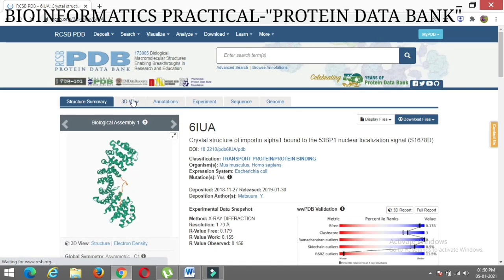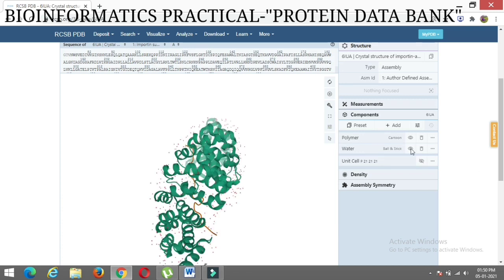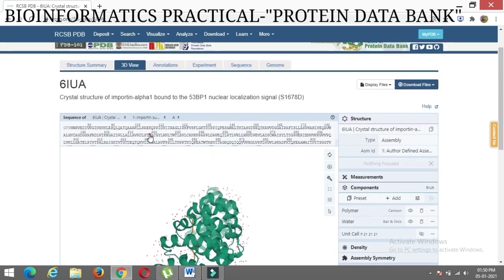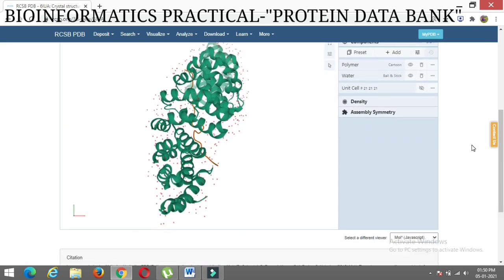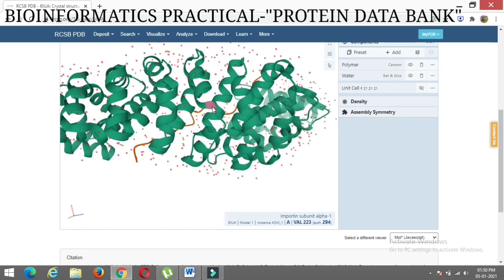In the 3D view portion, you can see the sequence for which this structure is responsible. Now you will see something new in this structure.